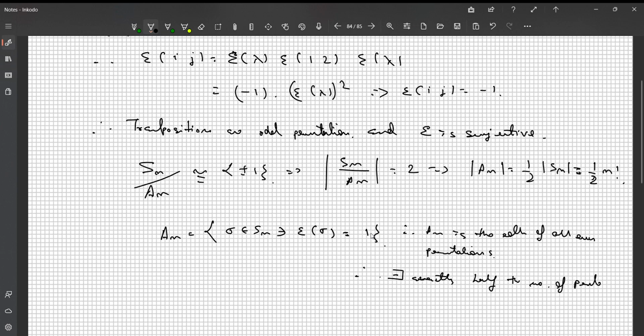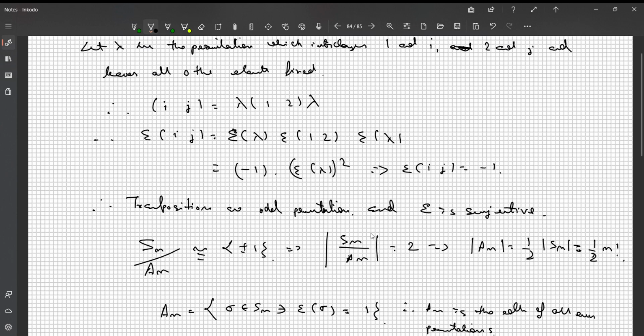So there exists exactly half the number of permutations, the number of even permutations, right? So is it clear? Right. Yeah.